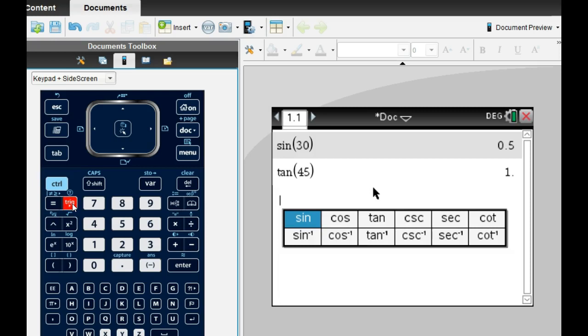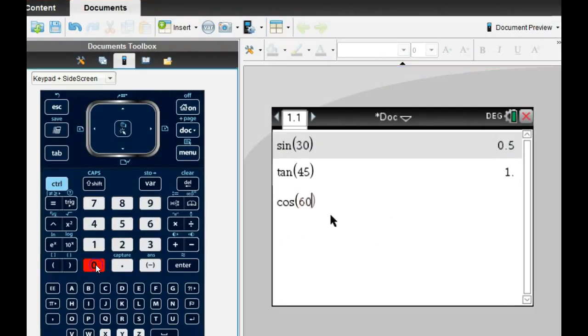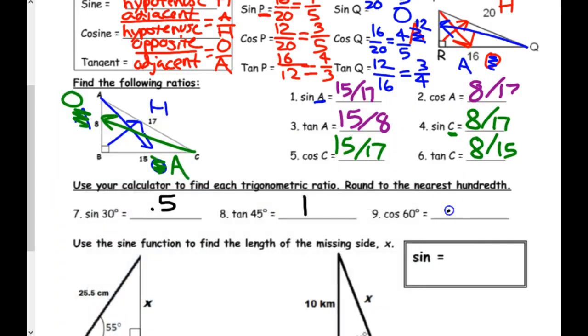And then we're going to hit cosine. And then we're pressing 60 degrees, cosine 60. And we get 0.5 again. Okay? Is everyone able to, in their calculator, press trig, pick the button, press the numbers? Okay? So maybe that was not too hard.